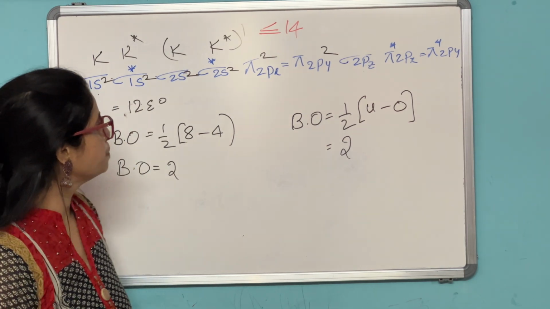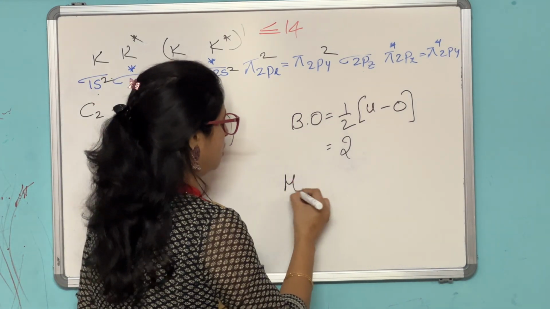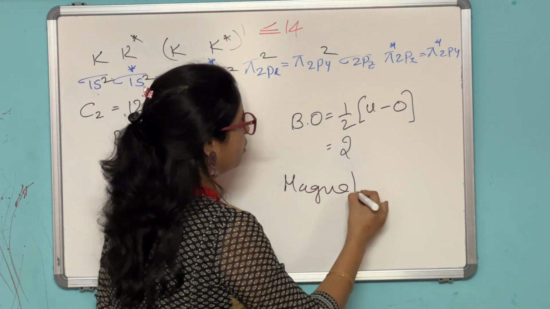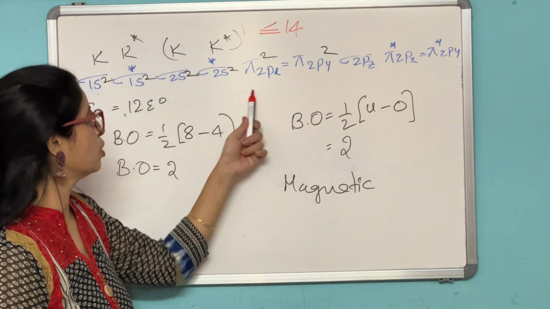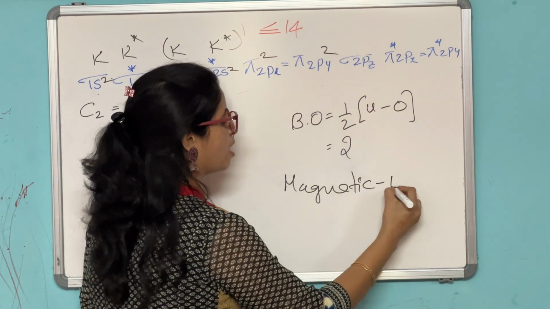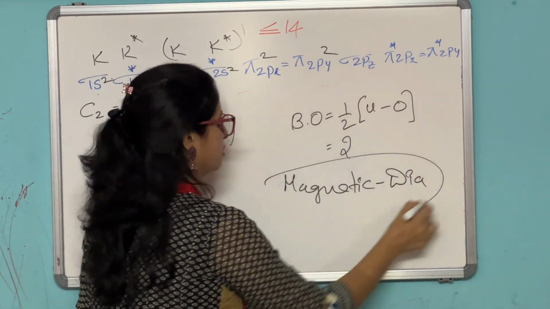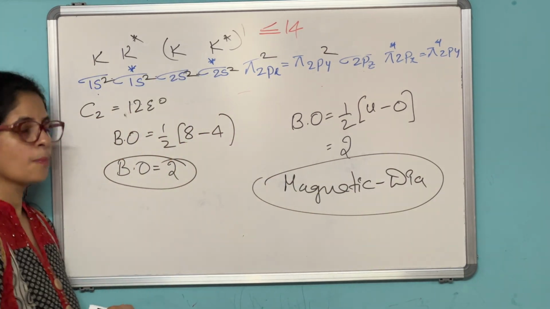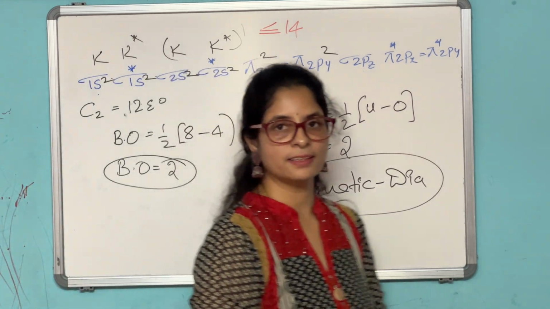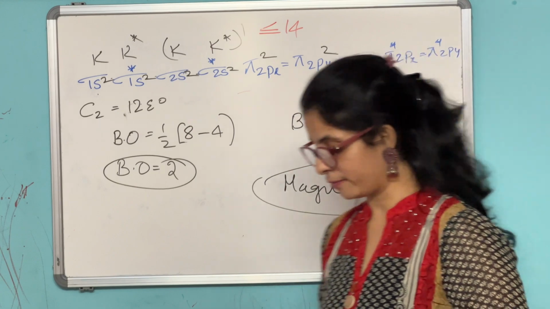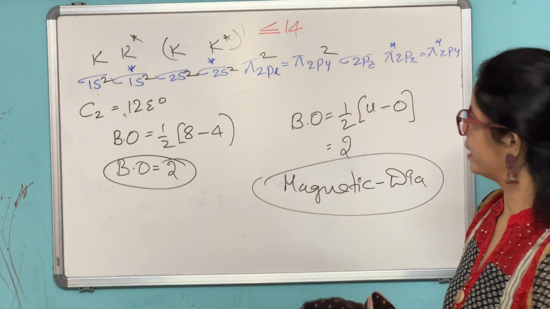Now, what is the magnetic nature? Look at the electronic configuration. Is there any unpaired electron? No. So it is diamagnetic and highly stable, with a bond order of 2. Okay, clear?